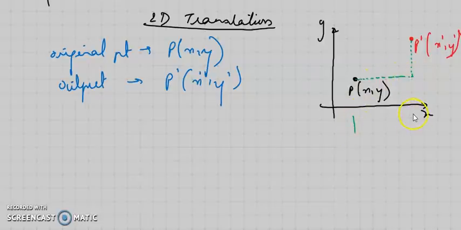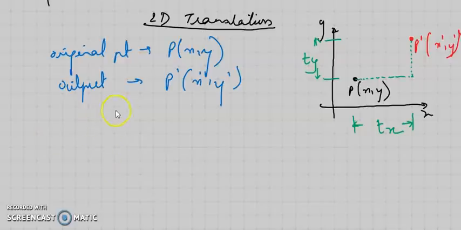So this is the amount of translation happening in the x direction, and this is the amount of translation happening in the y direction, right? I'm going to call this tx and this ty. That means x plus tx will give me x dash and y plus ty will give me y dash.